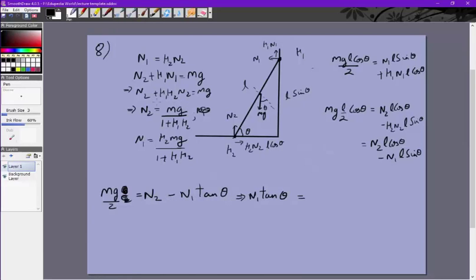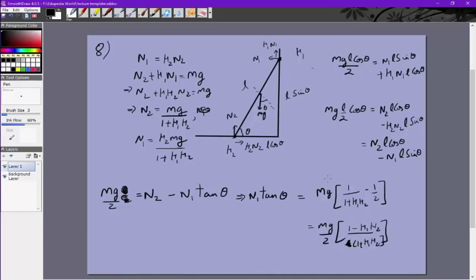And what is N2? This thing. So mg into 1 by 1 plus mu1 mu2 minus 1 by 2, which is mg, the denominator is 2 times 1 plus mu1 mu2, 2 minus 1 plus mu1 mu2 is 1 minus mu1 mu2, or mg by 2 times 1 minus mu1 mu2 by 1 plus mu1 mu2.